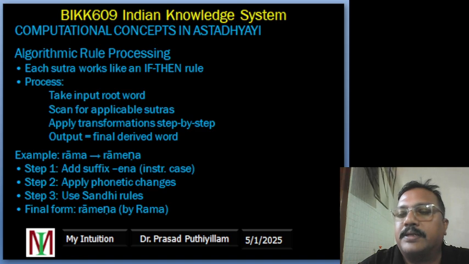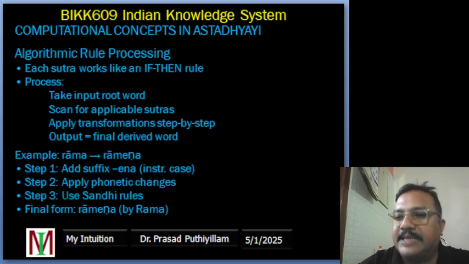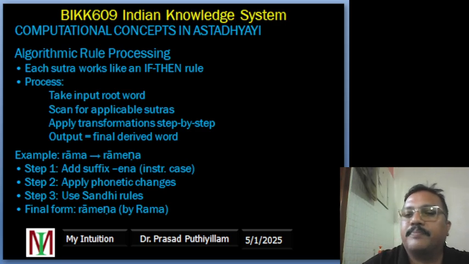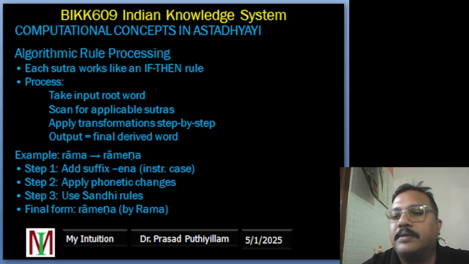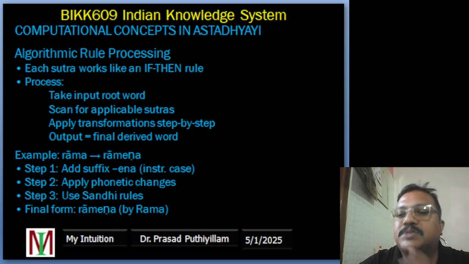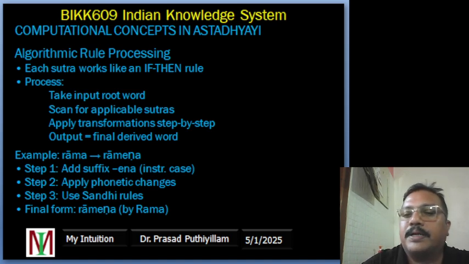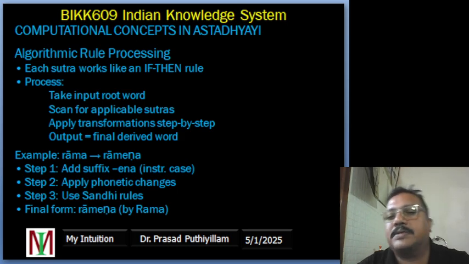So we get Rama plus ena, and we have to make changes with more rules, which change the base word whenever the ending comes, and apply guna sandhi, which smooths the sound, because it is now Rama plus ena. We have to smoothen the sound by using guna sandhi. That is "by Rama". So this is the step-by-step way.